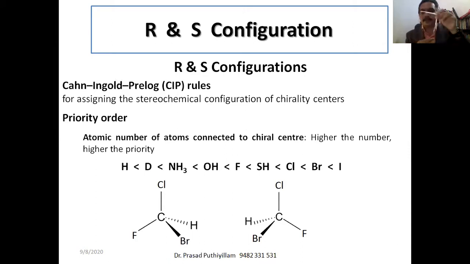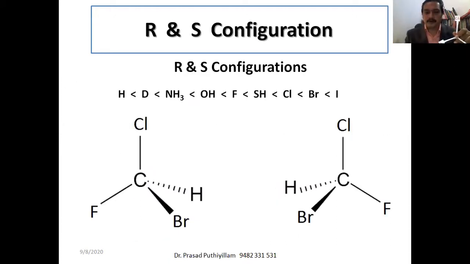Then its mirror image, or enantiomer, again with chlorine, bromine, hydrogen, and fluorine. How can we give the RS configuration to these two molecules, which is R and which is S? If I take this molecule, chlorine is here, fluorine here, bromine is here, and hydrogen is here.